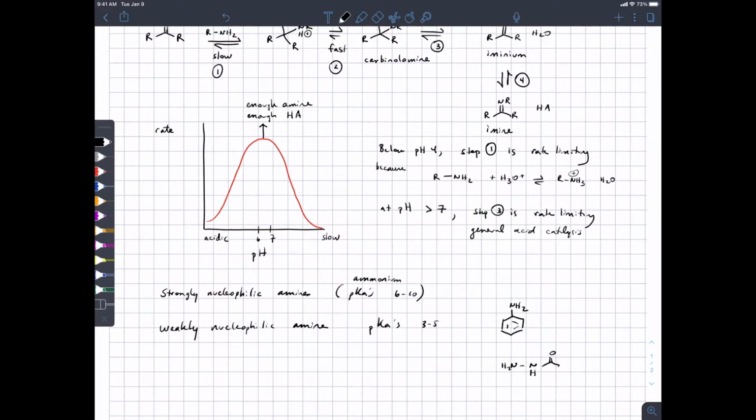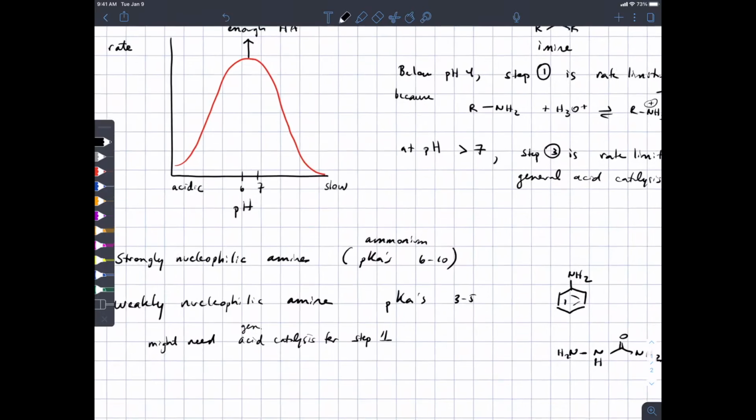It's like a urea, only one of the nitrogens is also attached to another nitrogen. So it's like the hydrazine version of urea. In any case, these are both very weakly nucleophilic, and you might actually need acid catalysis, general acid catalysis for step 1.